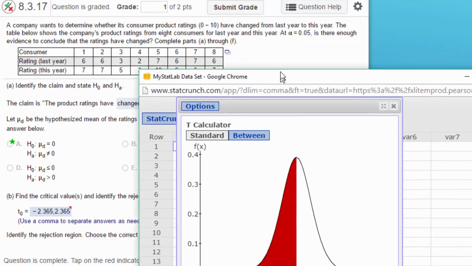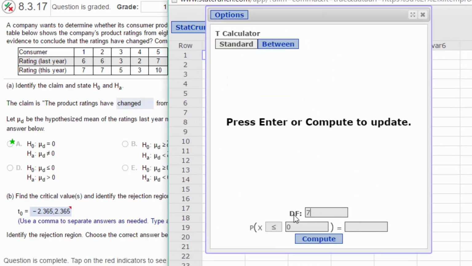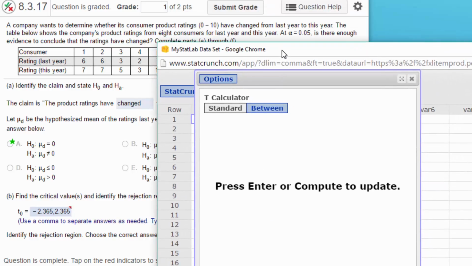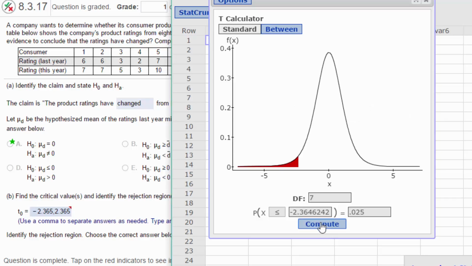In this case, we have 8 items, so our degrees of freedom would be 8 minus 1, or 7. Our alpha is equal to 0.05, and this is important because we've got a two-tail. We need to put half of that, 0.025, and we get a value on the left side of minus 2.365, and of course by symmetry we know that on the other side of a two-tail we have a positive 2.365.